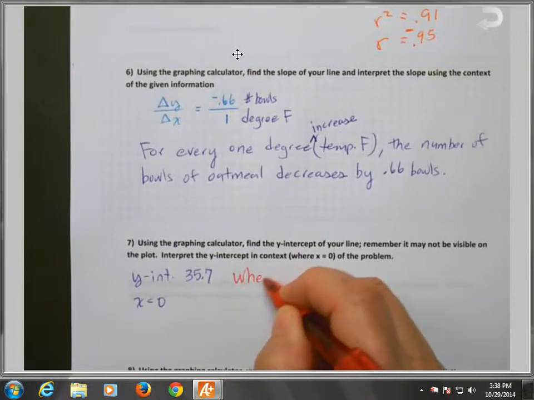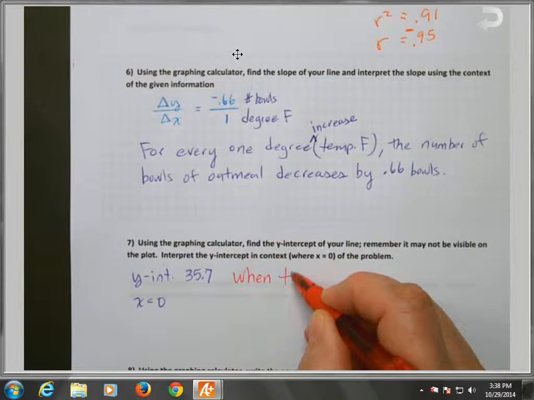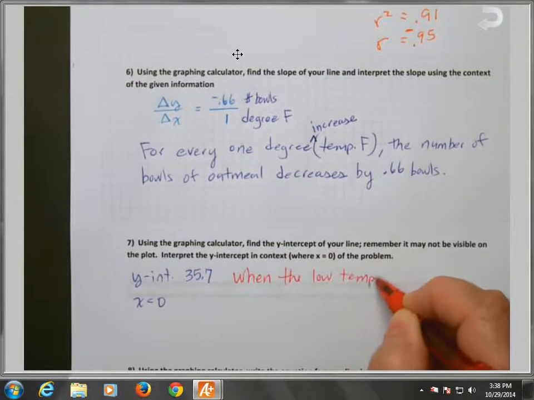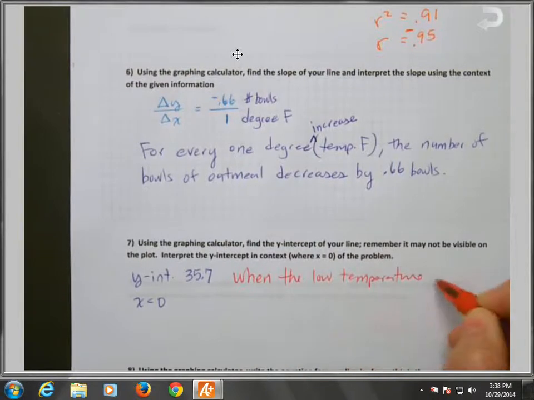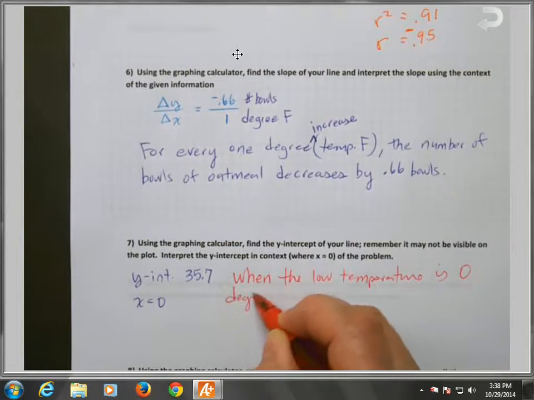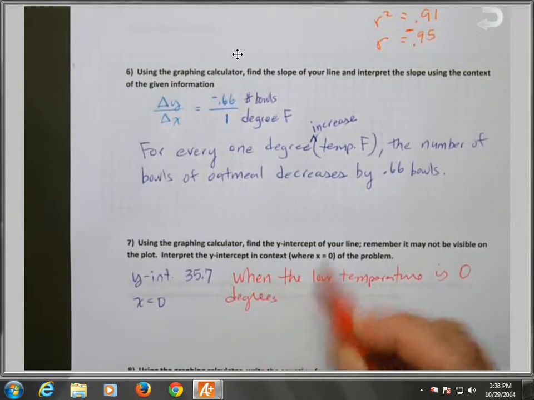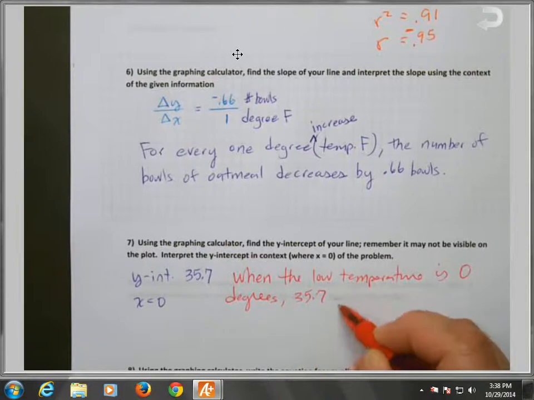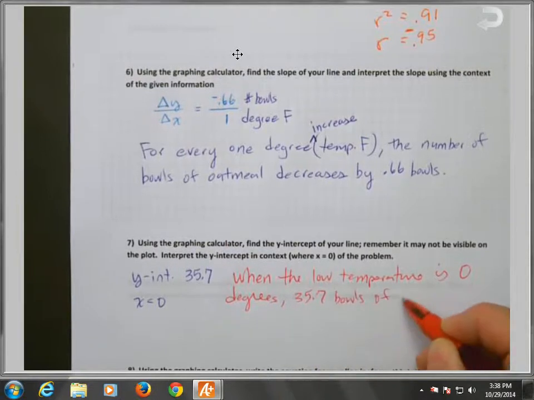When the low temperature is 0 degrees, 35.7 bowls of oatmeal will be sold.